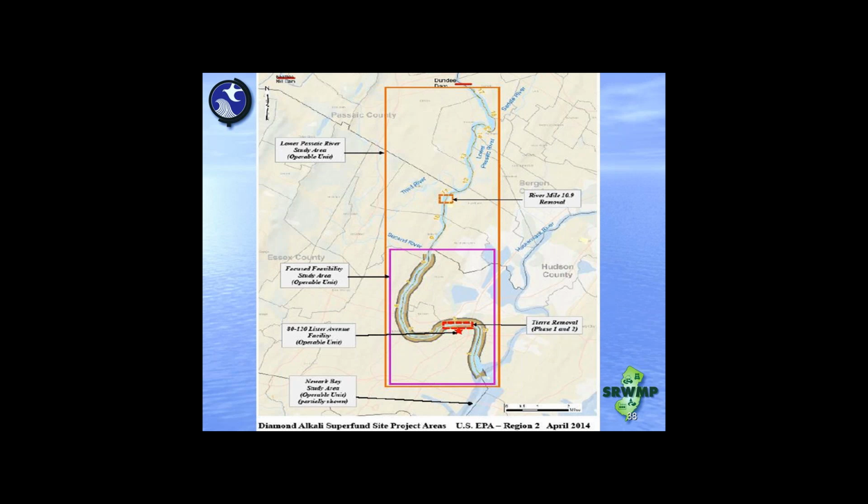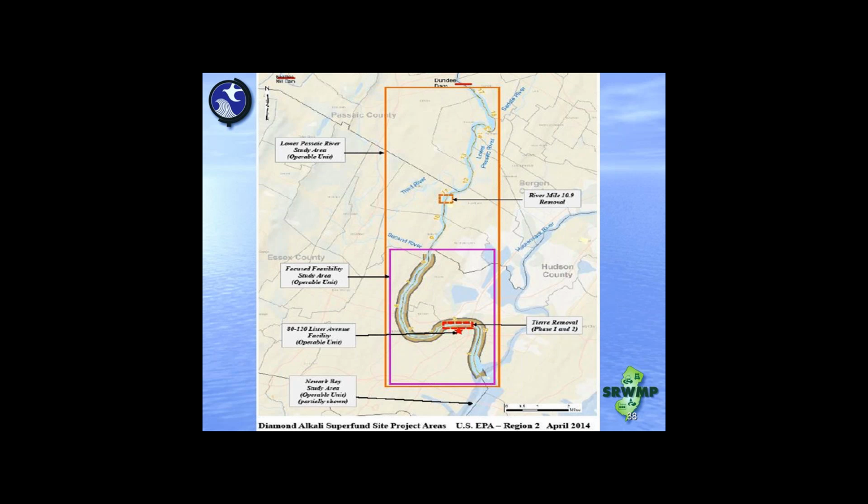The first one is the phase 1 removal identified by the red dashed line near the star. In this case, a very heavy load of the most contaminated dioxin-impacted sediments were found and removed at that location.